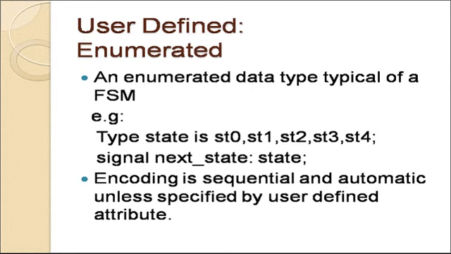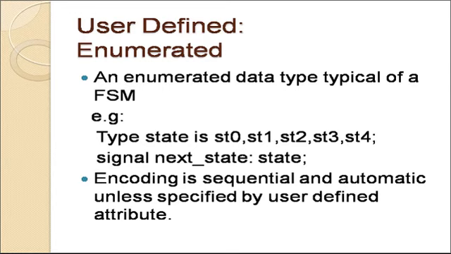I will tell you first which are the keywords over here. The keywords are type and is. State as well as st0, st1, st2, st3, st4, these are the names given. In VHDL I will call them identifiers. Here state is being declared as a type and it can hold the values from st0 to st4. And now you can see the declaration for next_state. Here next_state is again a name, which I will call an identifier.